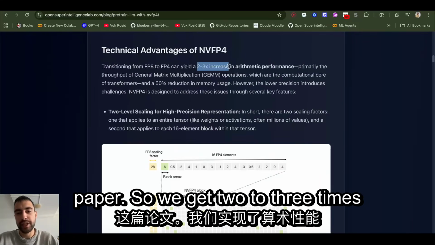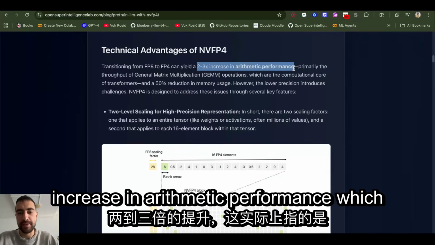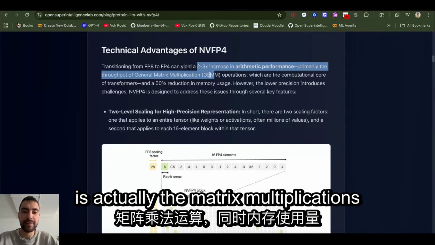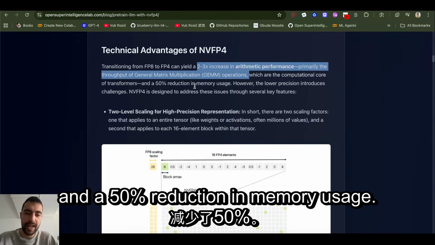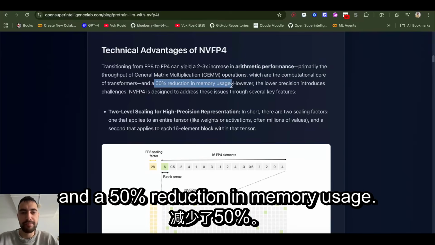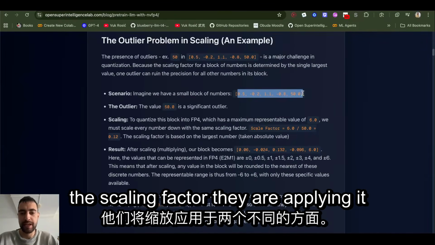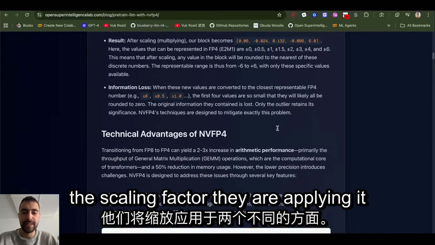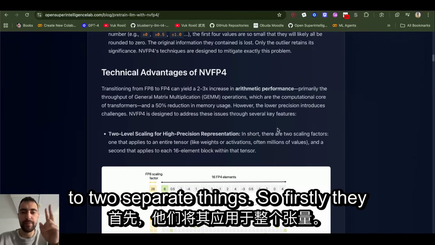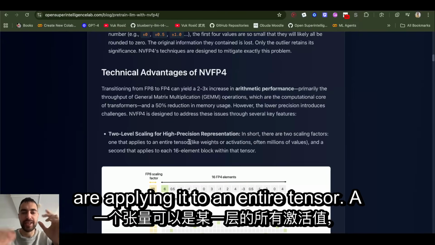So we get a 2 to 3 times increase in arithmetic performance, which is actually the matrix multiplications, and a 50% reduction in memory usage. First, when scaling down the arrays with the scaling factor, they are applying it to 2 separate things. Firstly, they are applying it to an entire tensor.